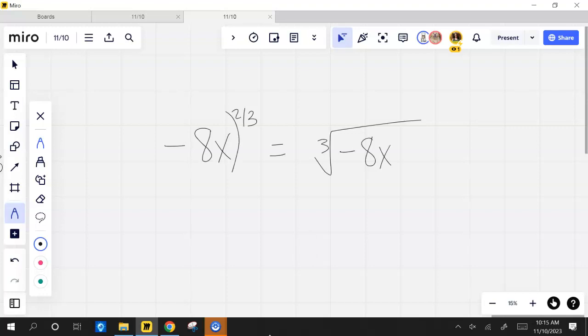I simplified it. I did 2i. Okay, why don't you need an i? It's cube root, right.